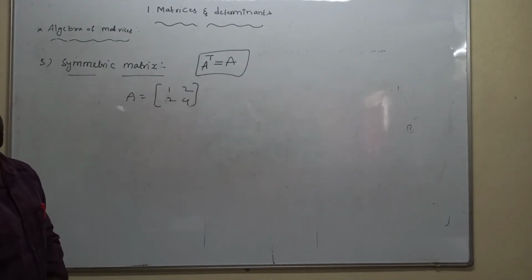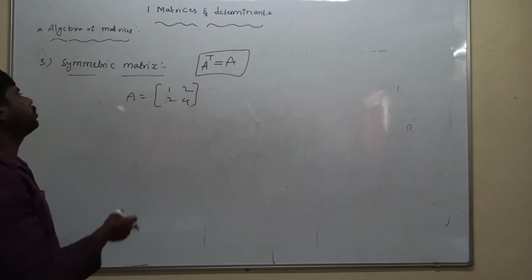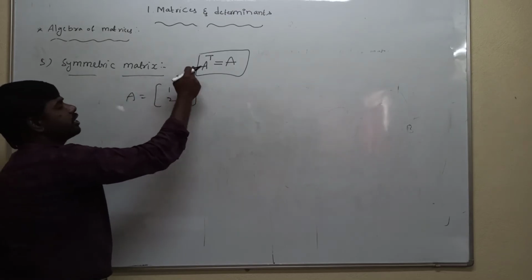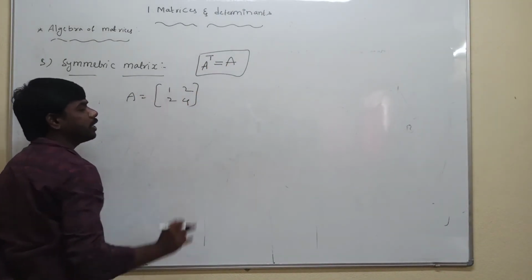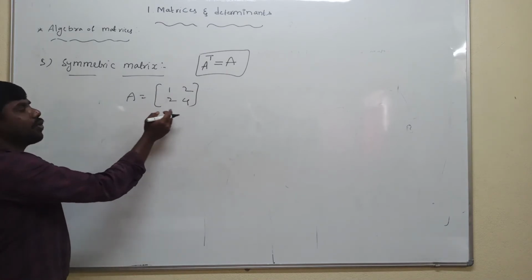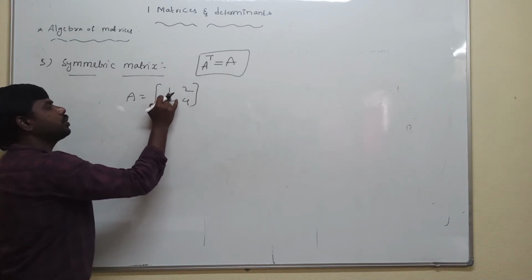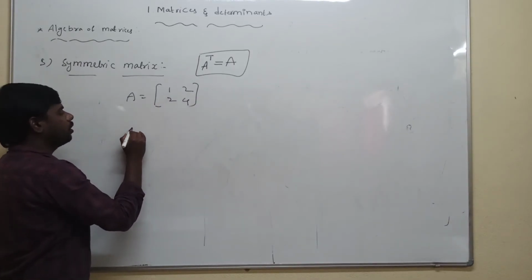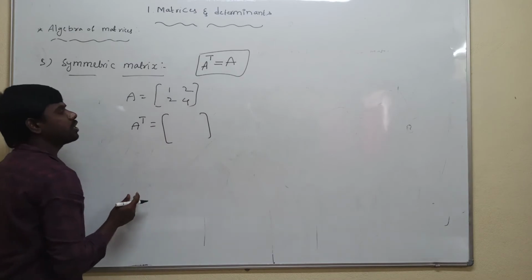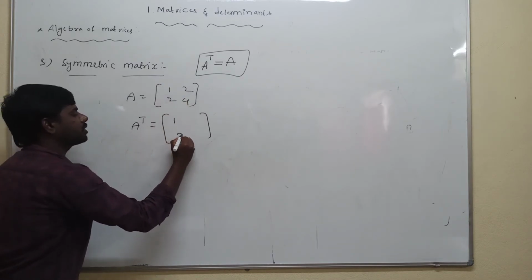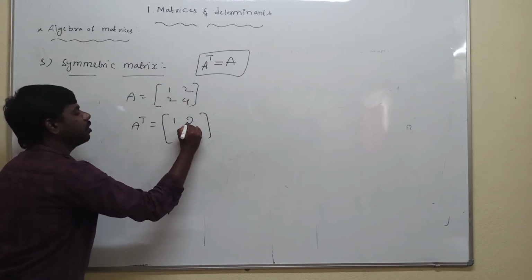According to the definition of symmetric, what is the condition? A^T, the transpose of matrix A, is equal to A. For example, I am taking the square matrix A = [1 2; 2 5]. Taking the transpose of A means interchanging rows and columns. The first row is replaced with the first column, the second row with the second column.